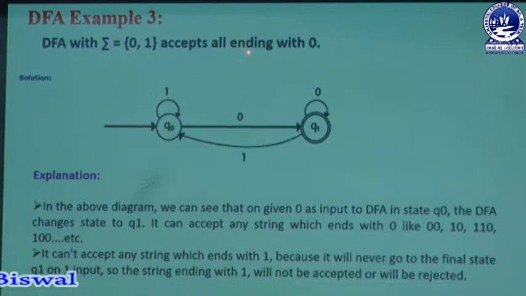If the diagram always ends with 0, there is no need to create the previous diagram which is related to starting with 0. Here in example 3, it must take 2 parameters like 0 or 1, but it accepts all strings ending with 0.